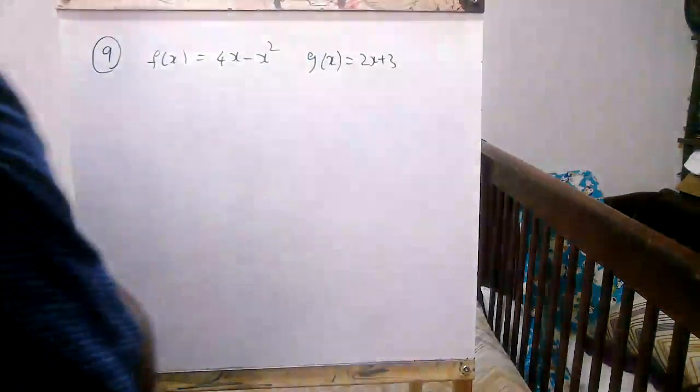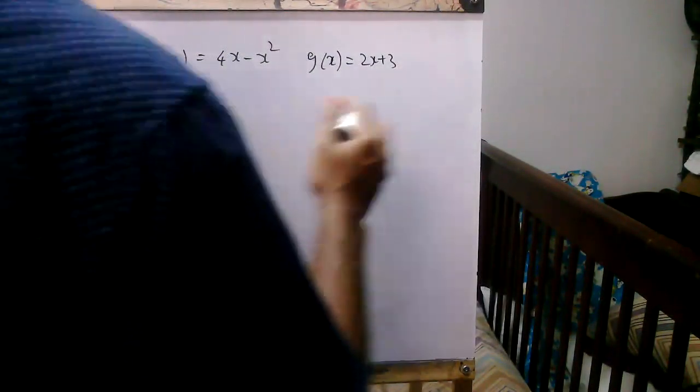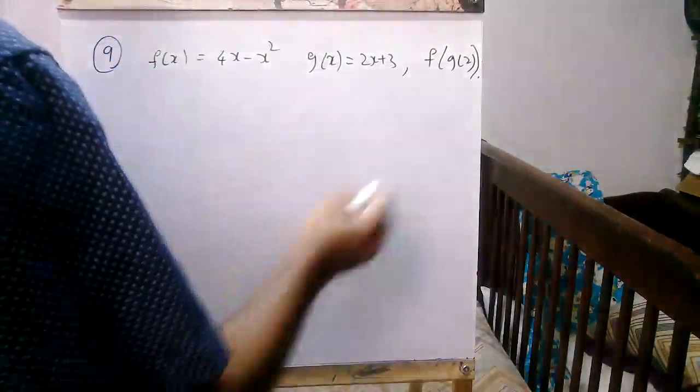It's asking you to find f of g of 2. f of g of 2. Right? This is what they want you to find.